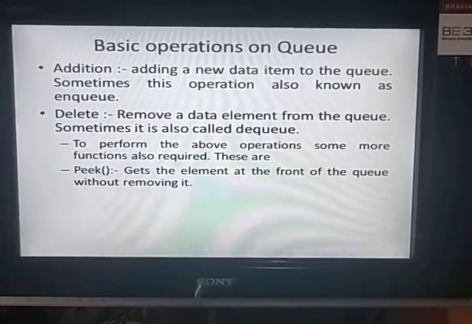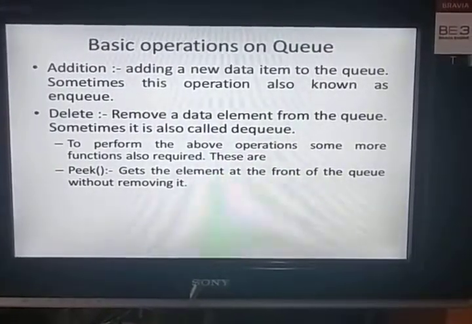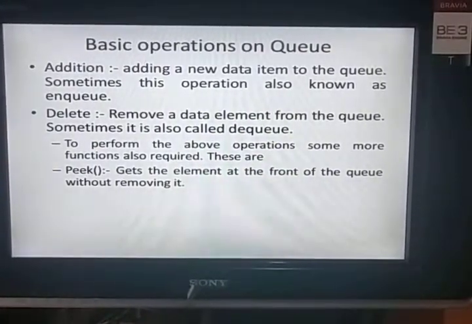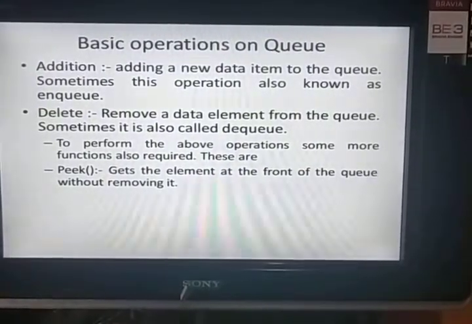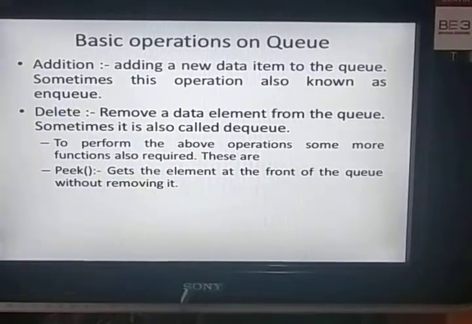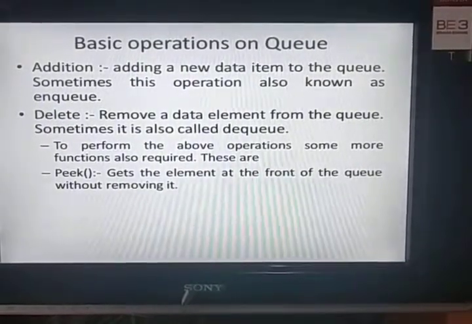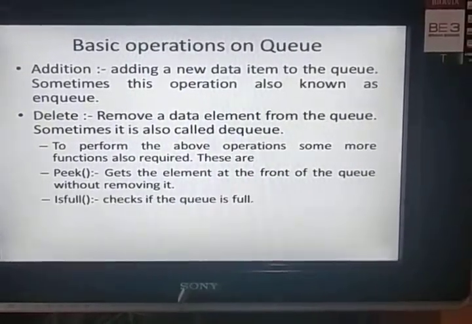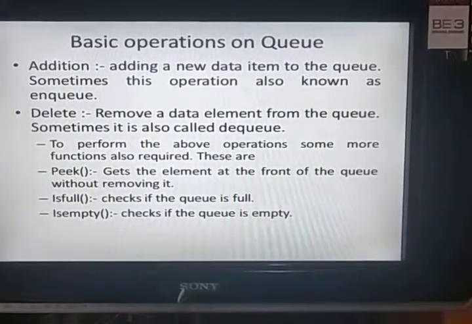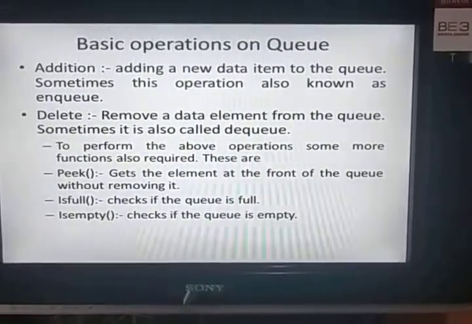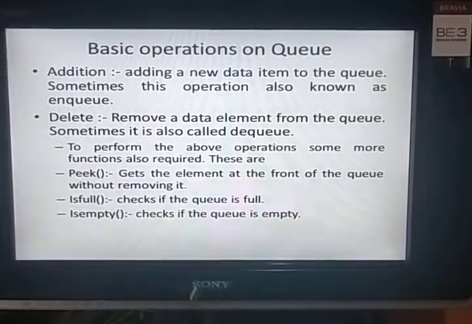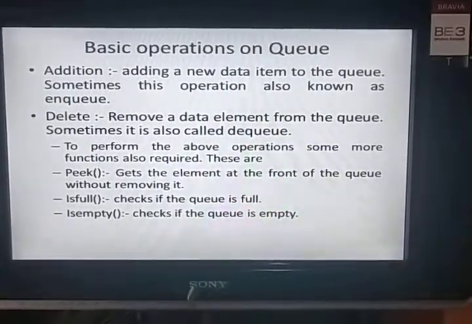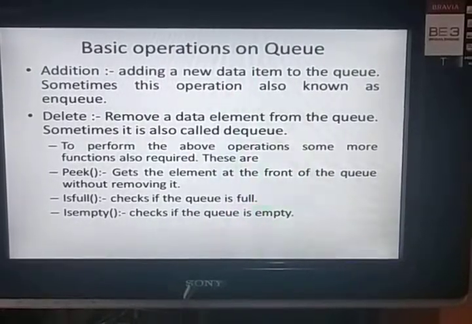So if you want to delete an item from a queue, first you have to check whether it is empty or not. So we also have to include isEmpty function. IsEmpty function checks if the queue is empty or not.